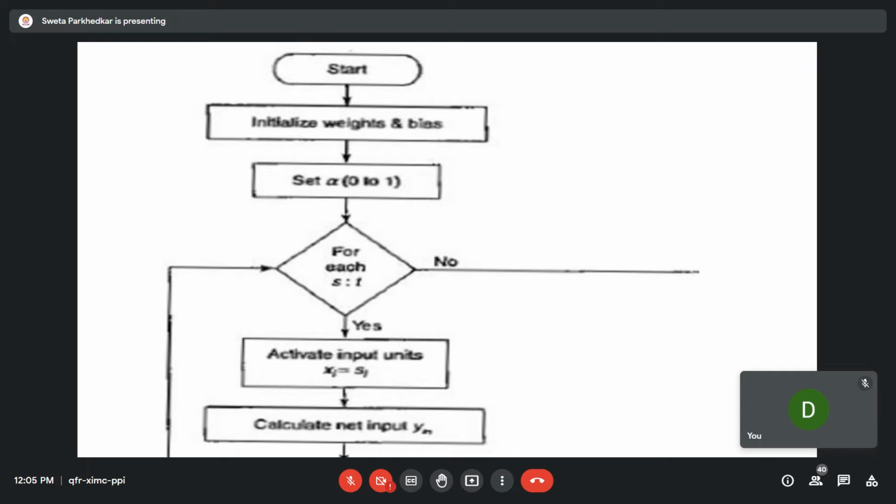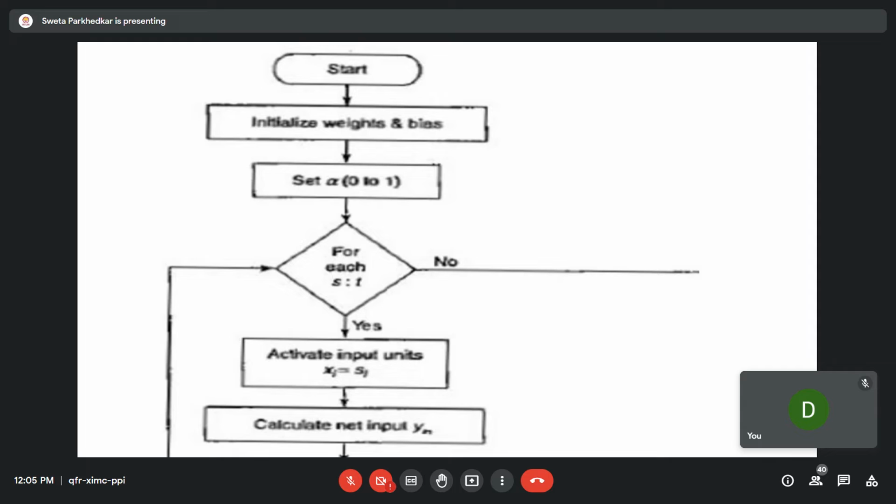Now you can see the training process of the perceptron network. This is for a single output class. Perceptron training starts with initializing the weight and the bias. Okay? The perceptron algorithm can be used for either a binary or bipolar input vector.